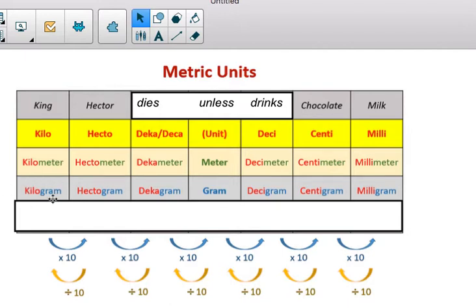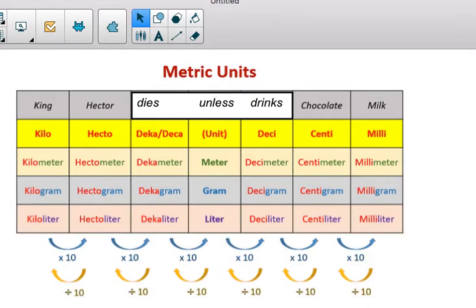I know that my weight is about 60 kilograms. In other words, 60,000 grams. Gram being the unit. A gram divided by 10 is a decigram. Divided by 100 is a centigram. And divided in 1,000 pieces is a milligram.